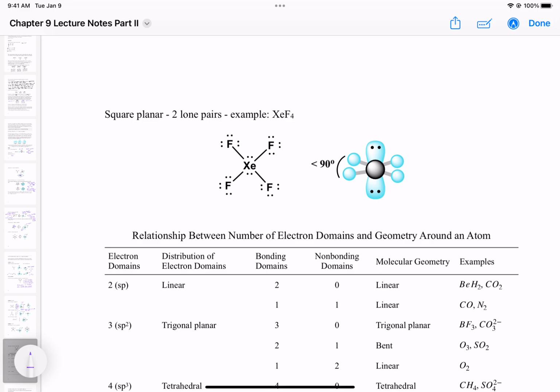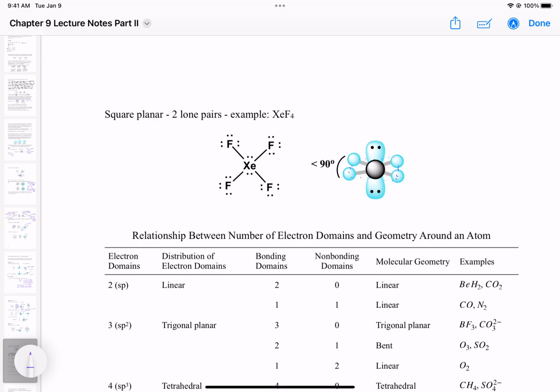And we see here that in this case we call it square planar because the 2 lone pairs are pointing away from each other on one axis, and then perpendicular to that axis is a plane composed of the 4 other bonds, the 4 other electron domains that are bonding electrons to the xenon. And as you see there, if we were to connect these bonds here, it forms a square.